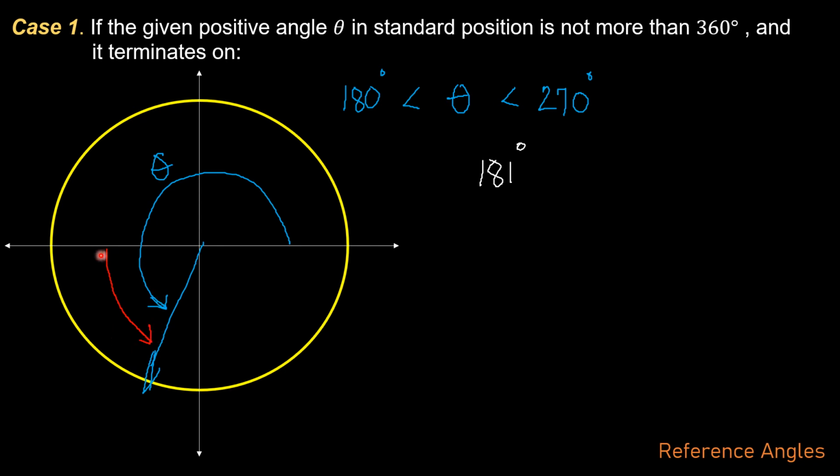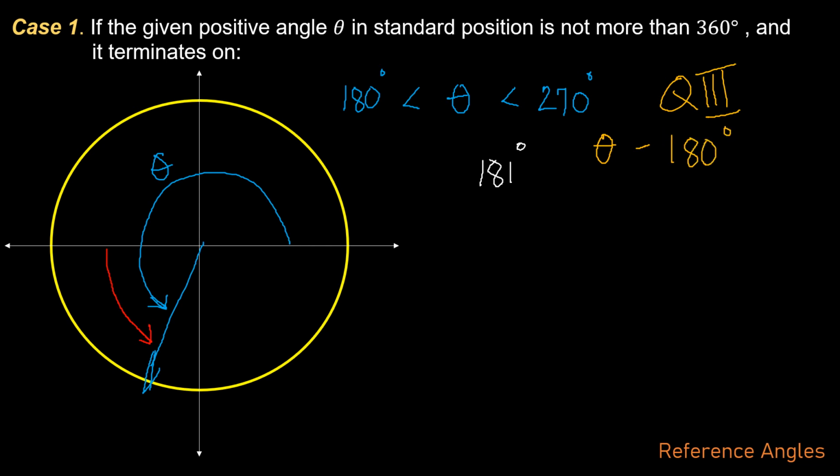It will be found if you're going to subtract 180 degrees from the blue angle. Therefore, the formula in getting the reference angle for all angles in standard position not more than 360 degrees that terminates on quadrant 3 will now be found using the formula the given angle minus 180 degrees.